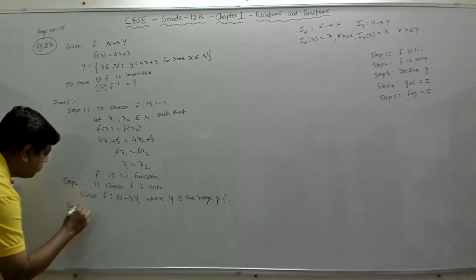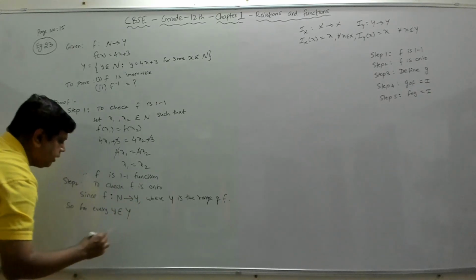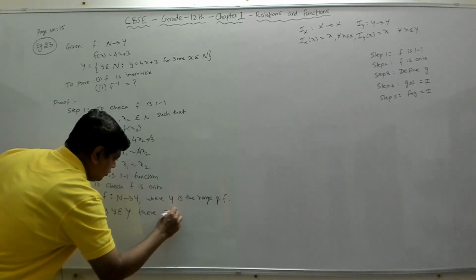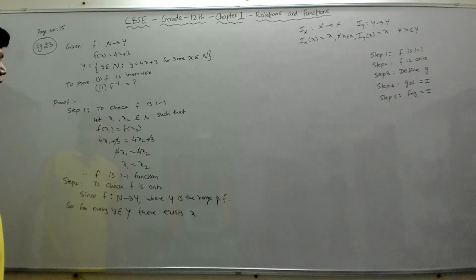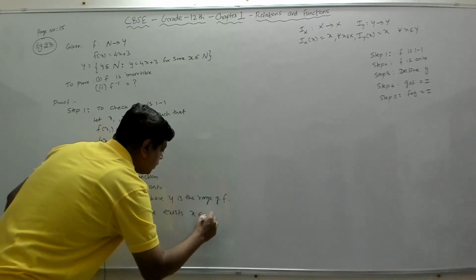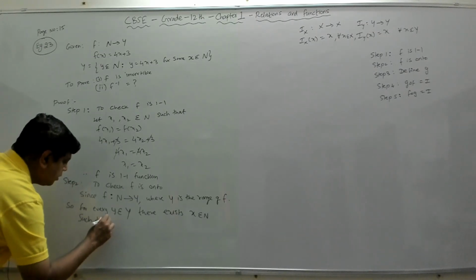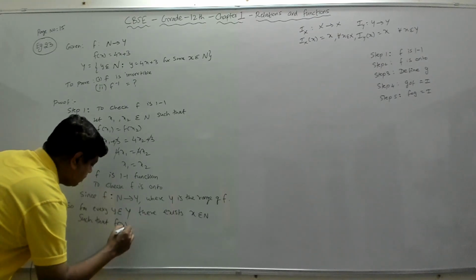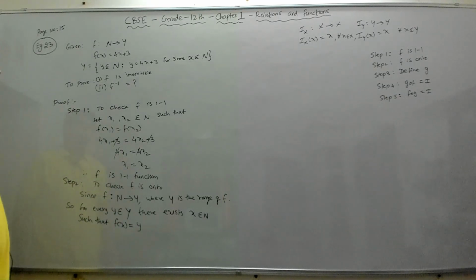So for every element y belonging to this capital Y, there exists x, which means there exists x belonging to n such that f of x is equal to y.